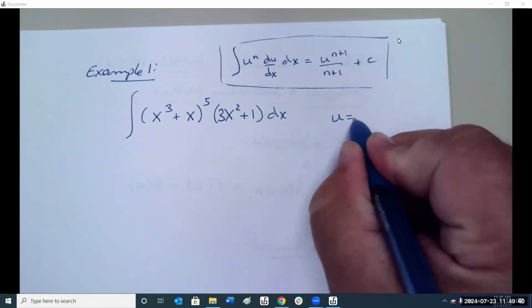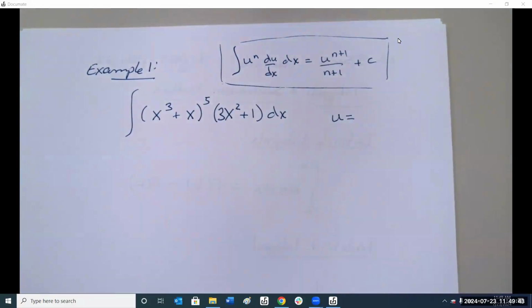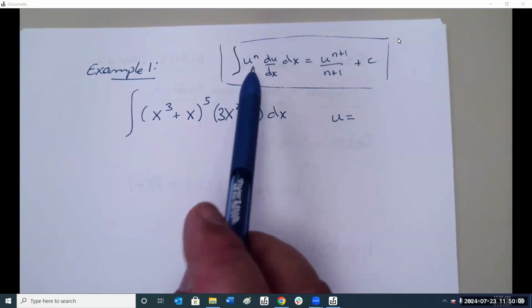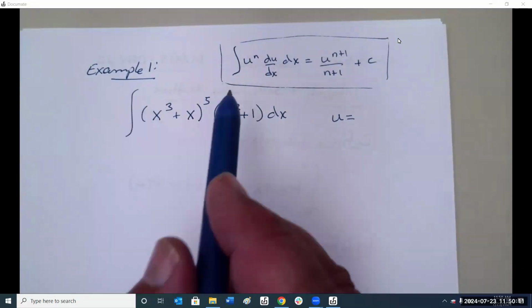If so, what is u going to be defined as? U can only be one of those two. And it's easier than you think. If you look at the formula, what does u have in the formula? It has to have an exponent.